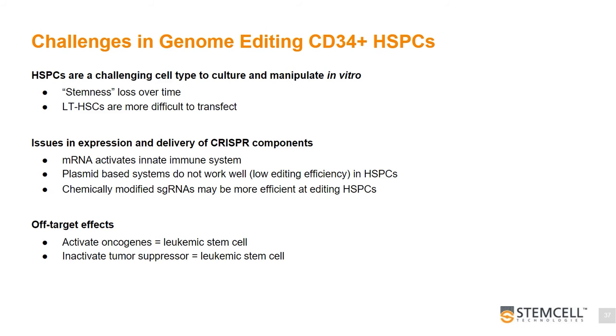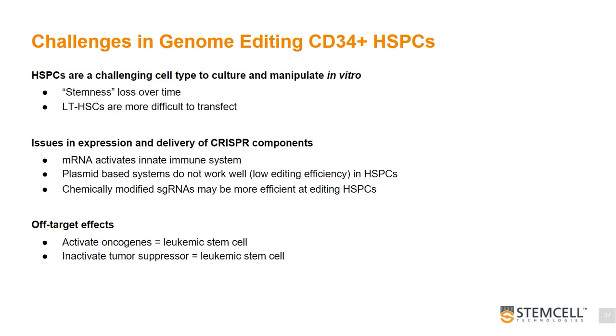In this section, I would like to, however, discuss more about the issue in expression and delivery of CRISPR components into CD34 cells and the editing off-target effects. Earlier attempts to apply CRISPR-Cas9 for genome editing in CD34 cells using mRNA-based methods activated the innate immune system of the host cells.